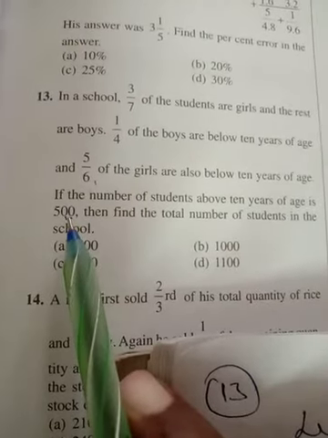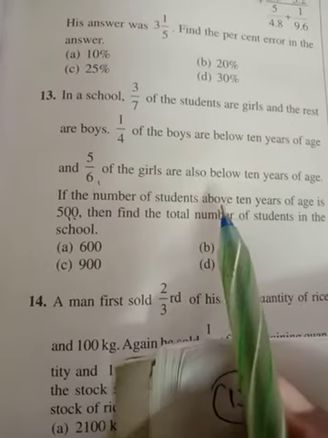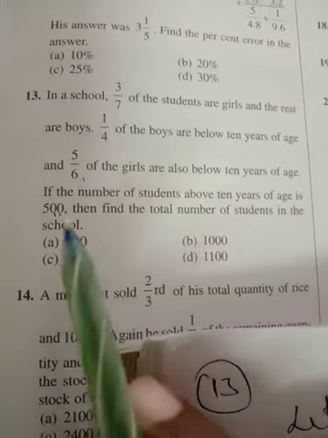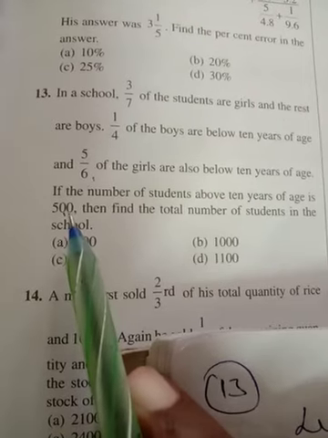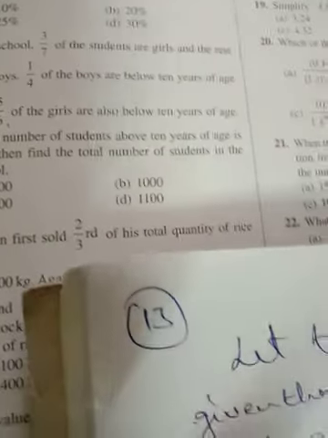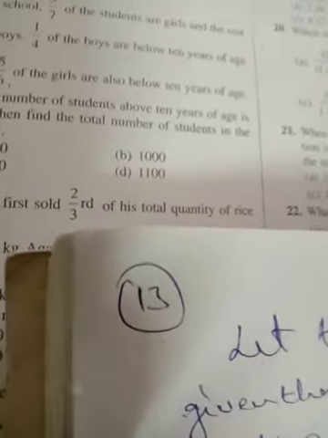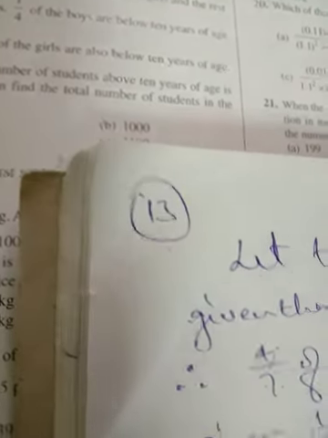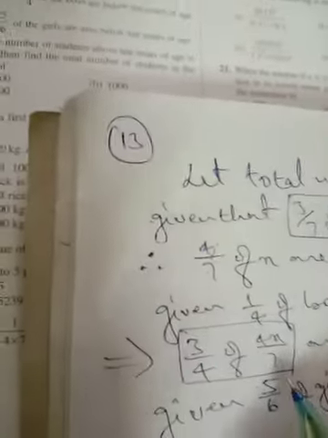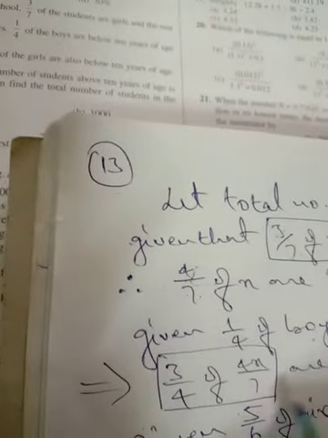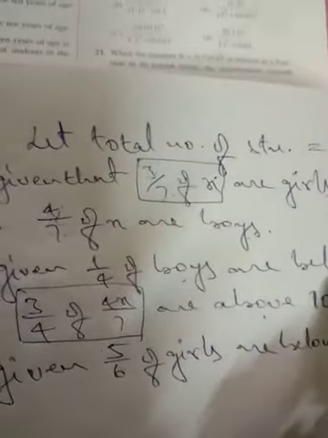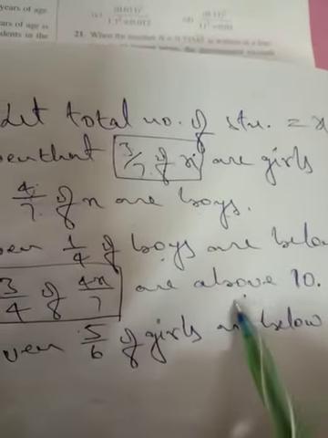Whenever he gives below 10, we need above 10, because in the problem the figure is 500, the number of students above 10 years of age. In order to compare with this, we need to build the terms of the equation with respect to above 10. That's why, whenever the data is given for below 10, I am converting it into above 10.